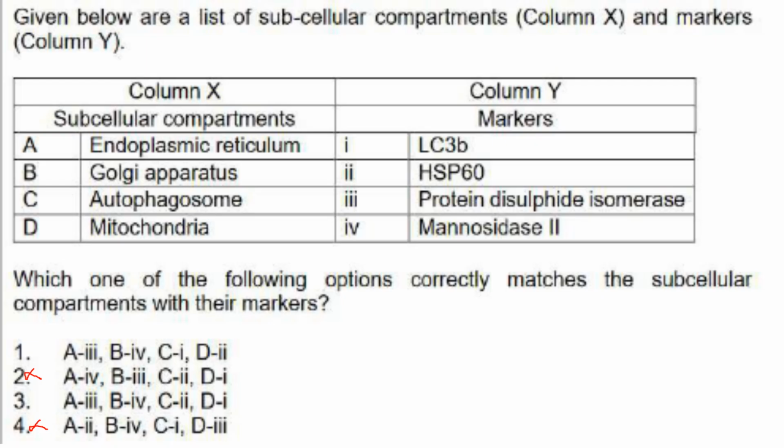B4. In 1 and 3, B4 is there. Now autophagosome, it is LC3B, C1. C1 is there only in option 1, so option 1 is your answer. Mitochondria, HSP60, D2. So the answer is A3, B4, C1, D2.